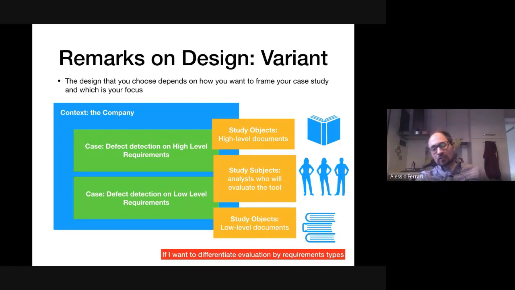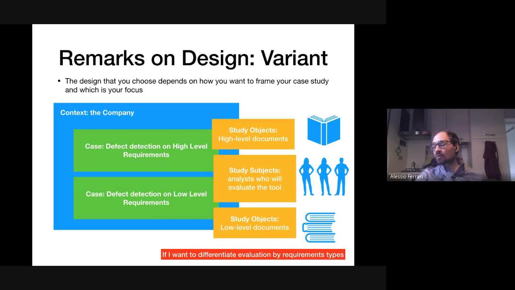defect detection on low-level requirements. So only low-level requirements as study objects. The study subjects can be the same. So analysts, the same group of analysts who will evaluate the tool. But the case is a variant with embedded cases, okay? Because why should I do this?